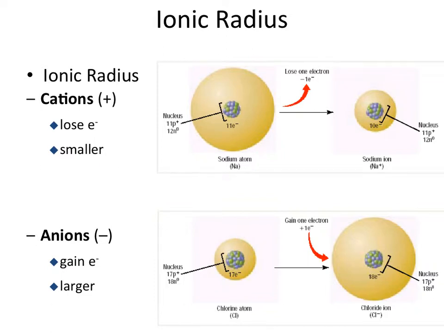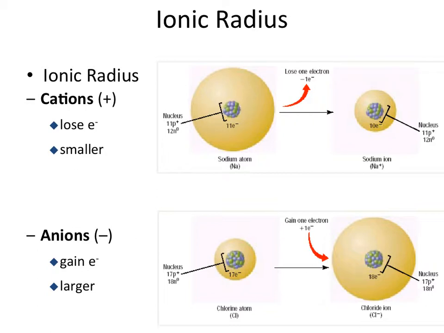Now, anions, obviously, are just the reverse of this process. In this case, we're looking at a chlorine atom. Chlorine atoms have 17 protons, 17 electrons. If I pick up an electron to form a chloride ion, I still have the same number of protons. I have 17 protons, but now I have 18 electrons to contend with. So the effective nuclear charge in this case is going to be diminished.